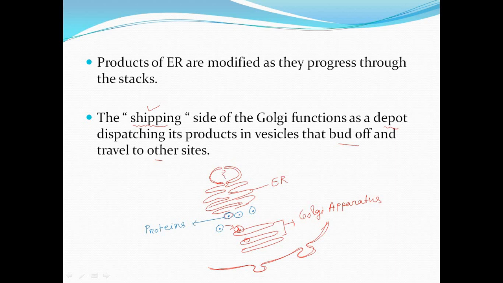This is DNA, nucleus, nuclear membrane. Okay, this is the nuclear membrane, and these vesicles enter and are processed inside the Golgi apparatus, then they bud off.